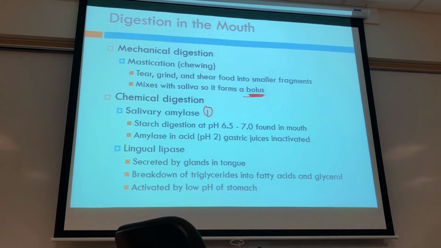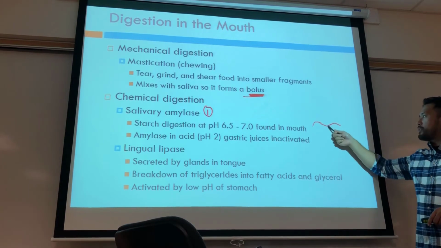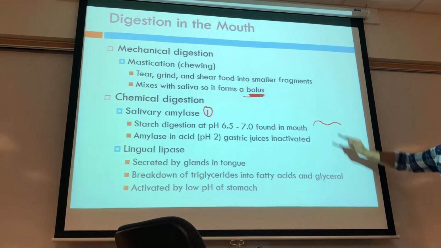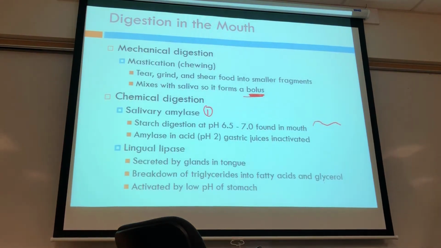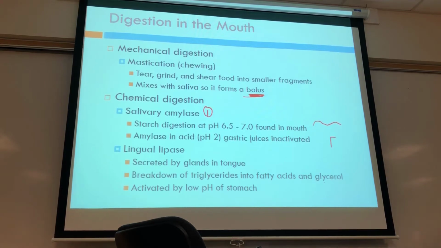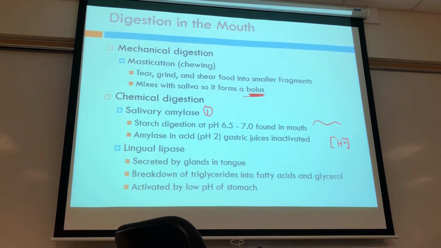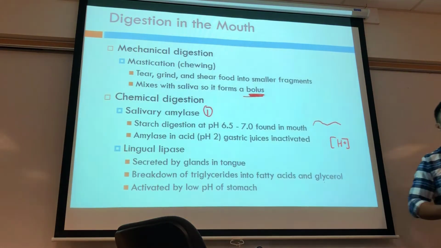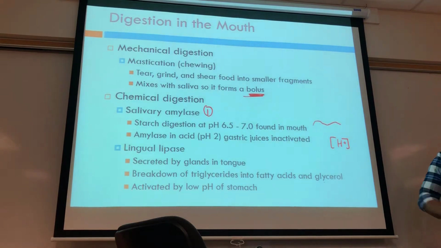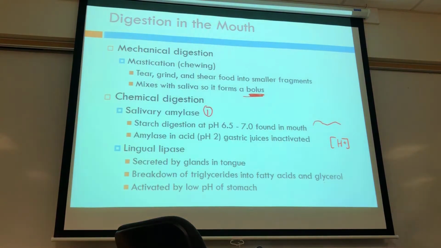So thinking about an enzyme, let me just draw a random structure there. If this is what amylase looks like, and I have no idea what amylase looks like, what happens in the case of an acidic environment? We have an increased amount of hydrogen ions. Those hydrogen ions come in and interfere with the secondary and tertiary structures, causing denaturing of the enzyme.